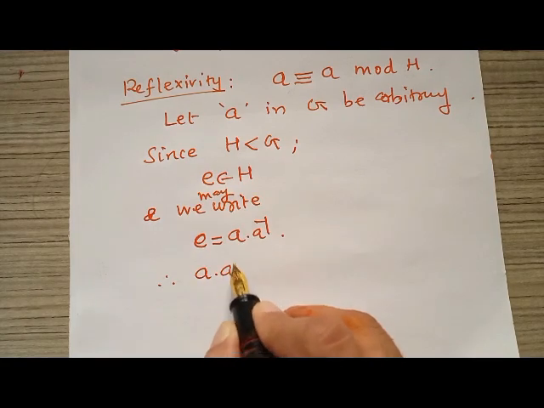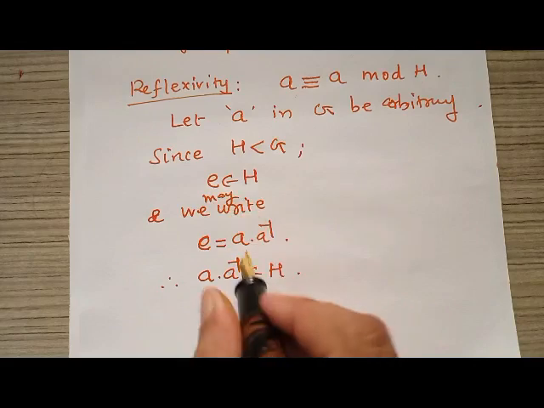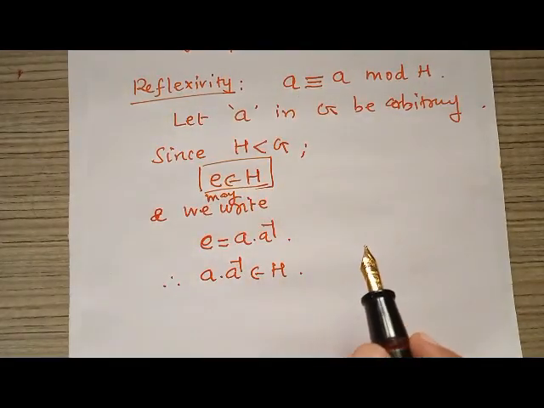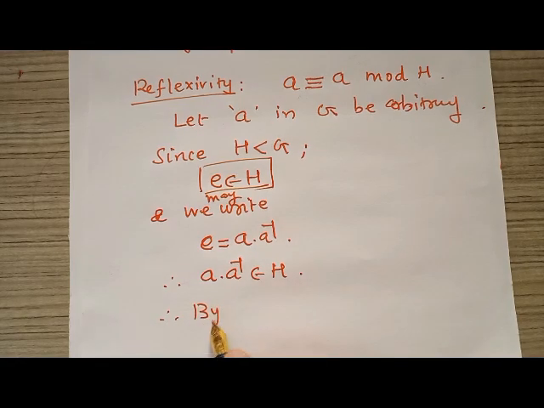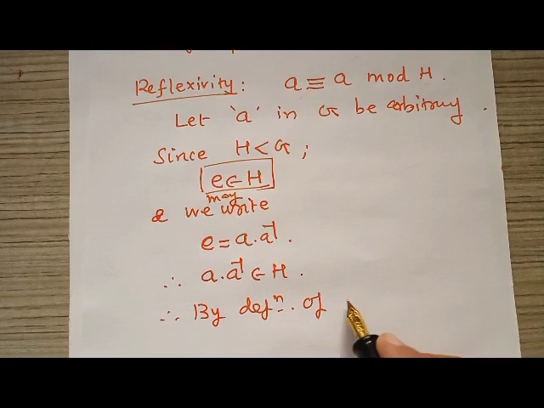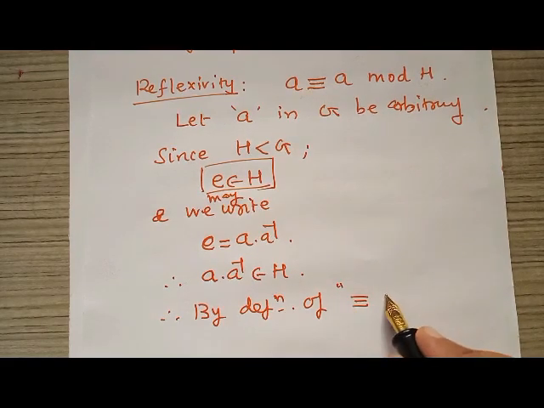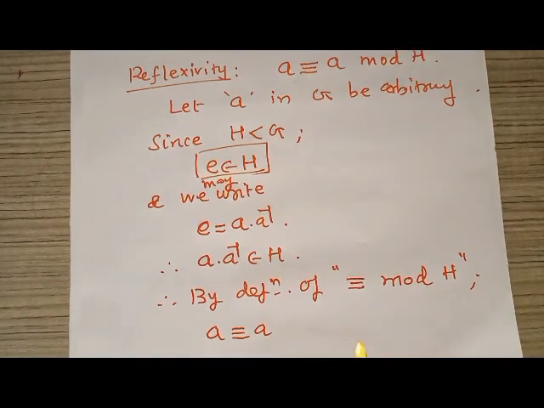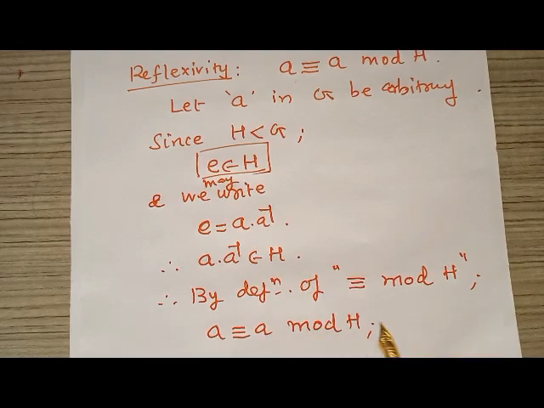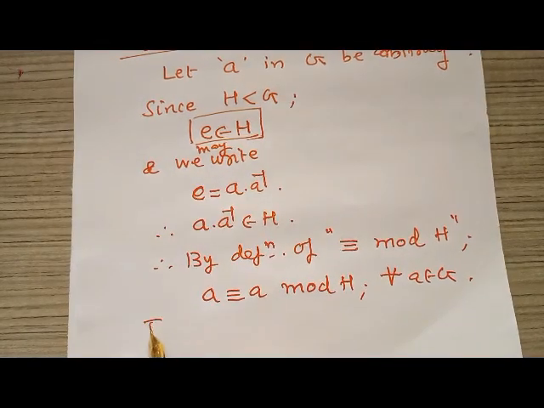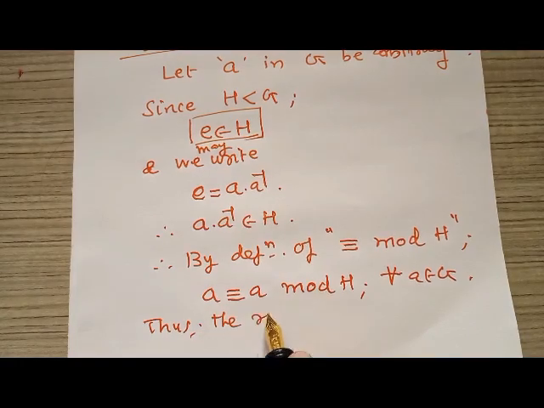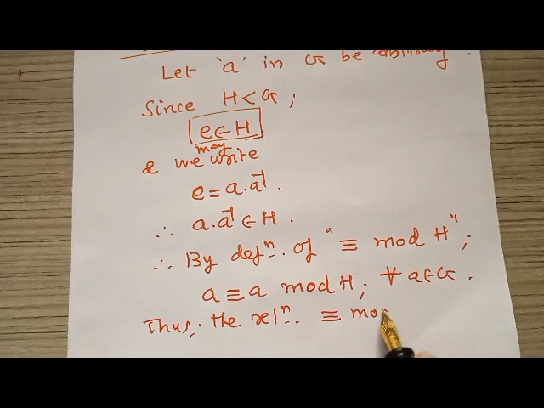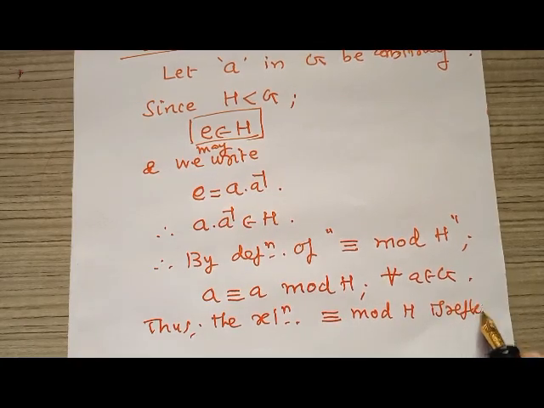Therefore, A A inverse belongs to H as E is a member of the subgroup H. Therefore, by definition of the relation congruence modulo H, A is congruent to A modulo H for every A belongs to G. Thus, the relation is reflexive.